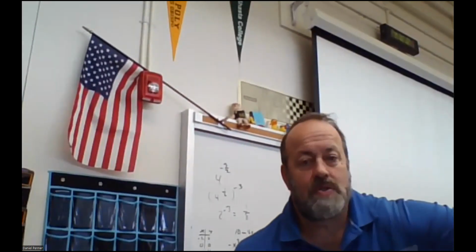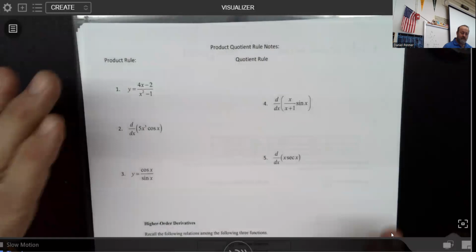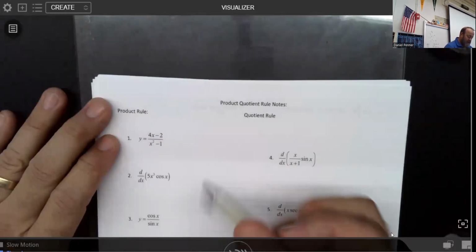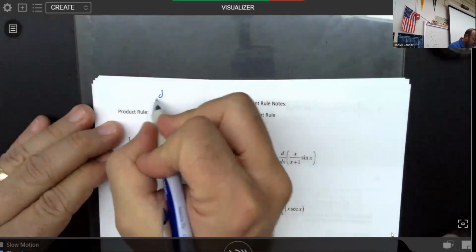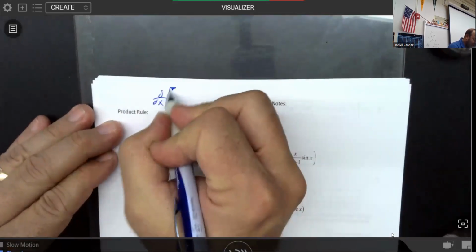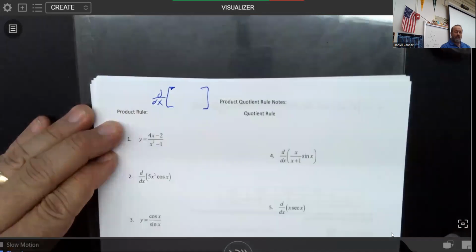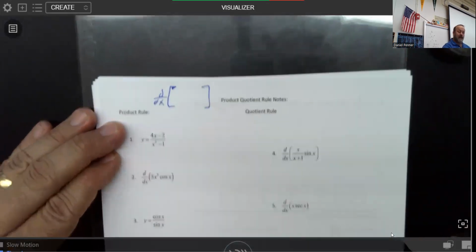So for starters, let's just remember what that is. If we are going to take the derivative of, let's say, so remember d dx is the operator that says, go take the derivative of the argument that's on the inside.